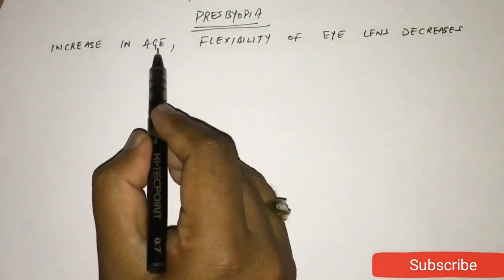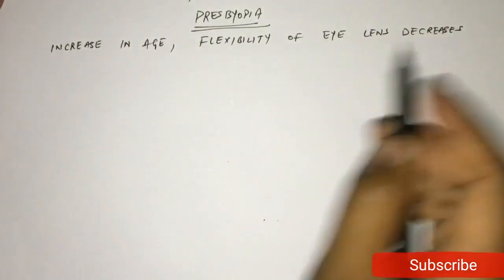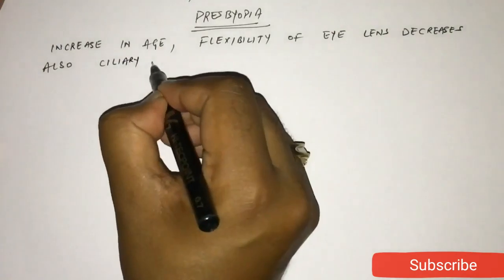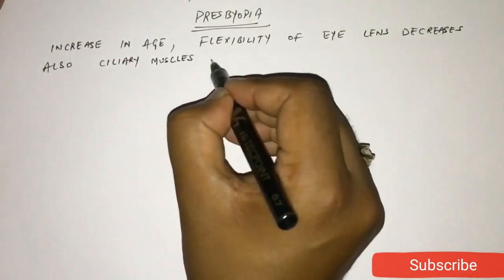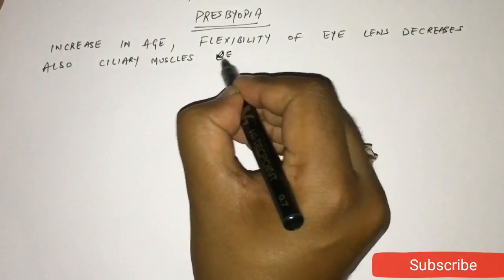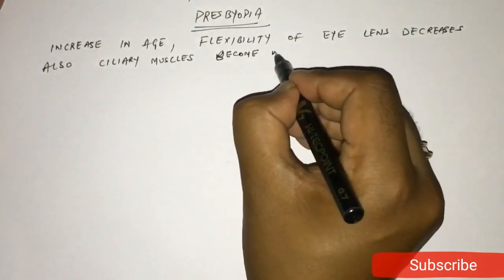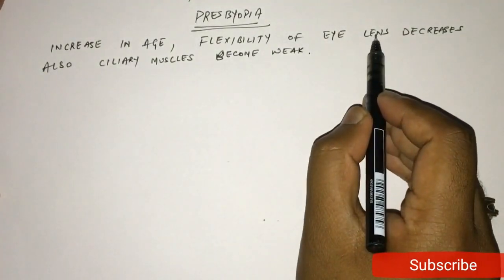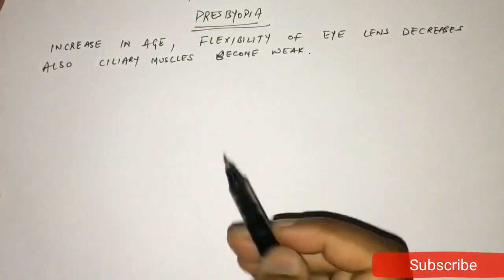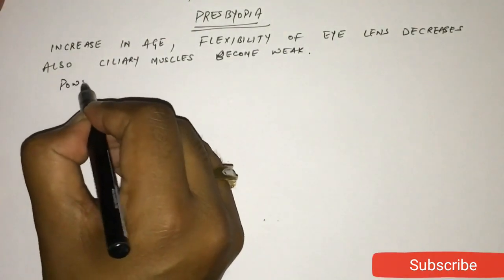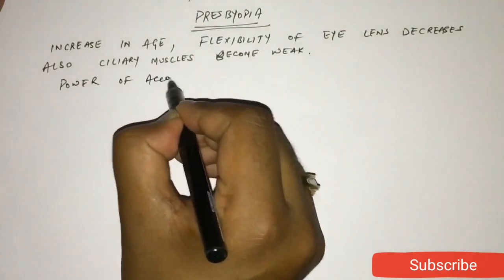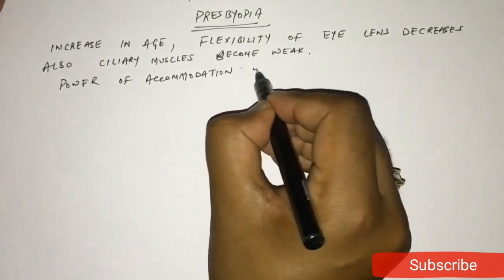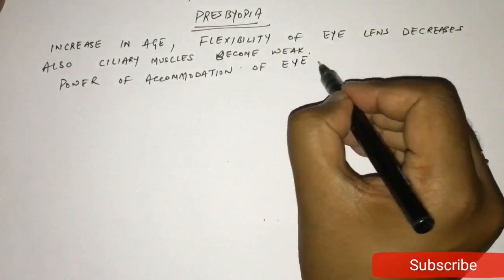Also, the ciliary muscles become weak. So the flexibility of the eye lens decreases and the ciliary muscles become weak. As a result, the power of accommodation of eye decreases.